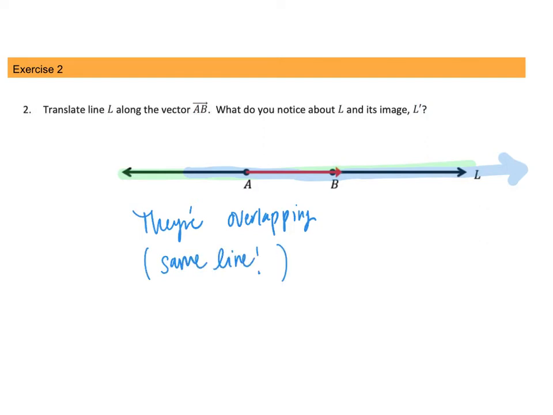It just overlaps itself. So today in our lesson, you'll notice two things. When we translate a line, it's either going to create a parallel line or the same line. It'll just be overlapping. So those are our two options each time, basically. Okay, let's move on.